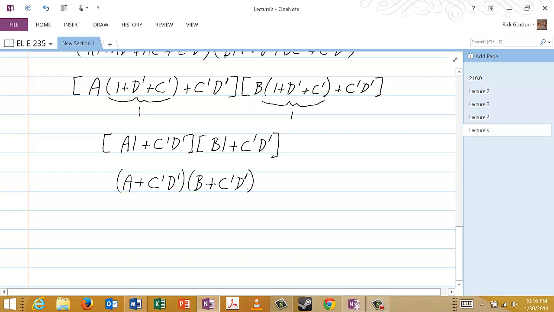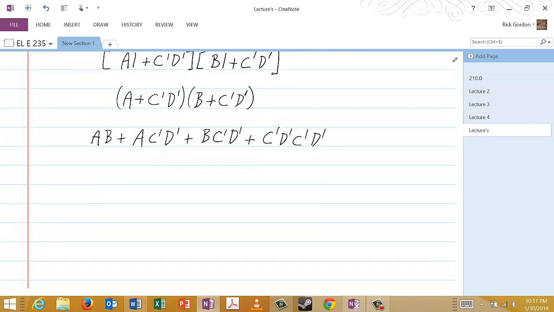And we're almost there now. Let's go ahead and multiply this out, and we will have AB, or A C complement D complement, or B C complement D complement, or C complement D complement C complement D complement.